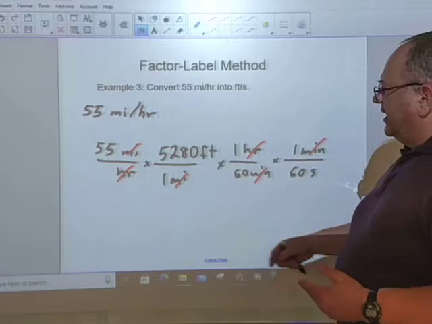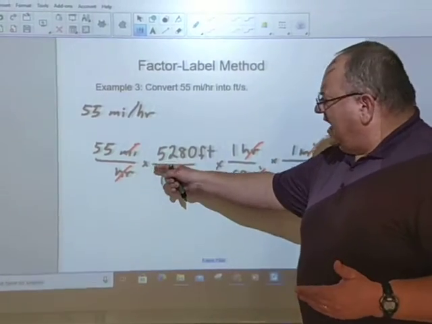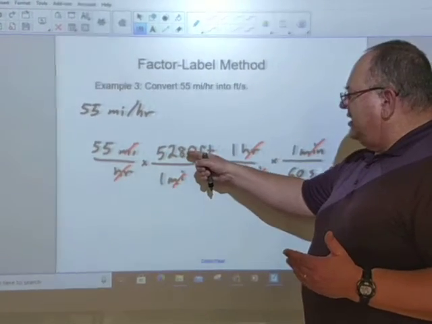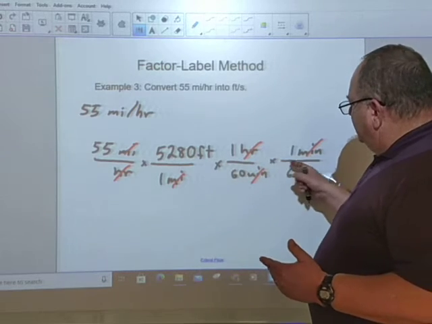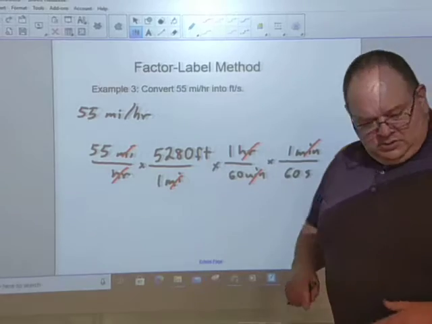What does my math look like? It looks like 55 times 5,280 divided by 60, divide again by 60.